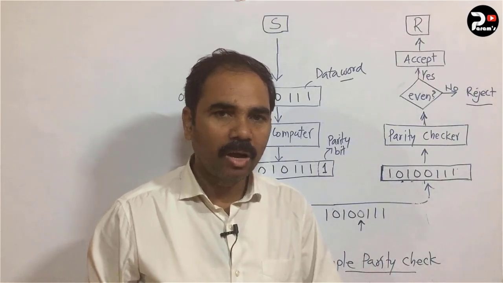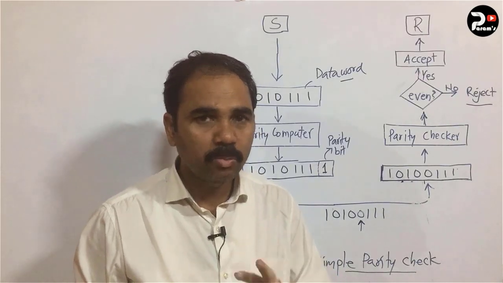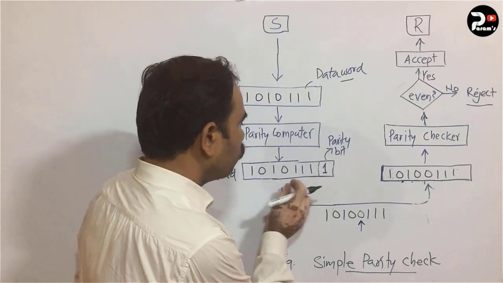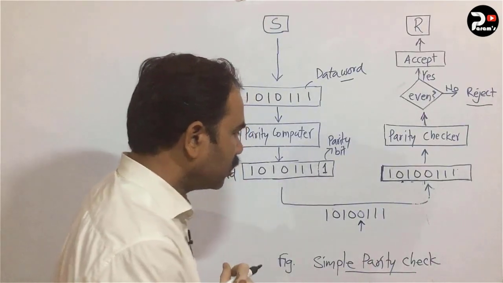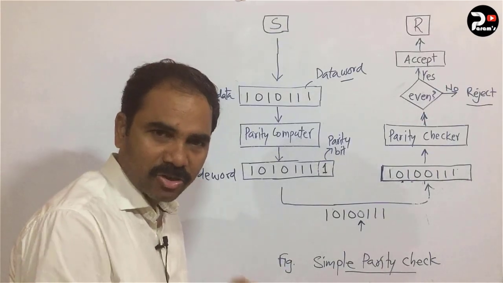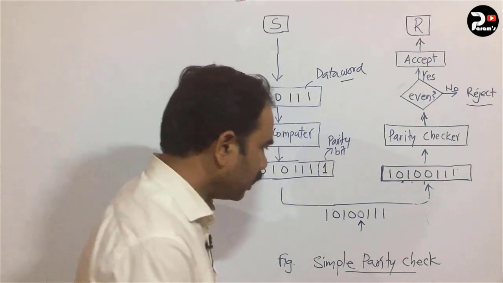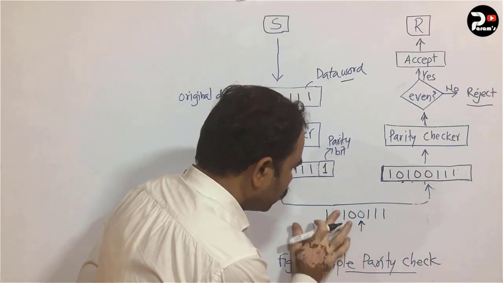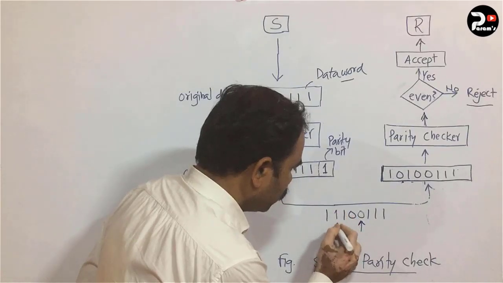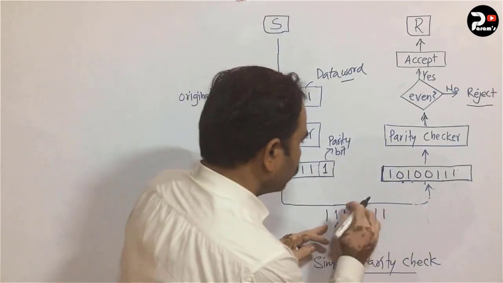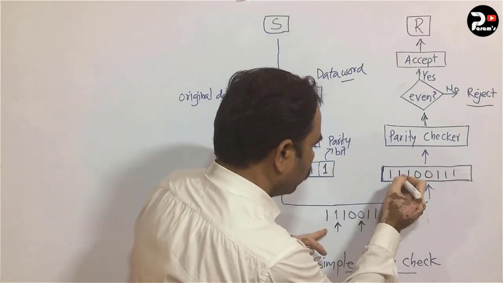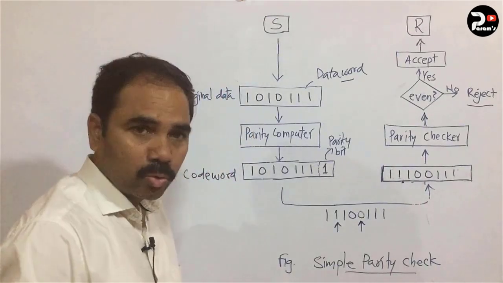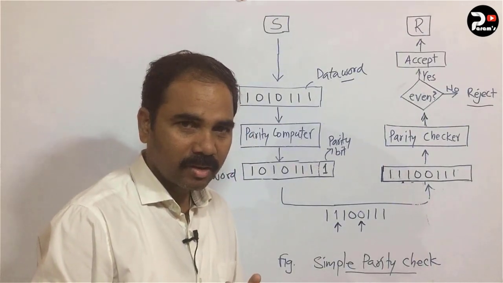So we say when 1 bit is corrupted, it is correctly rejected by the receiver, assuming there is an error. Let us now see how it behaves when 2 bits are in error. So let us say the sender sends 10101111, but 2 bits get corrupted or changed during the transmission, and let us say this bit is corrupted and also this 0 becomes 1. So the receiver will receive 11100111. Now 2 bits are in error, right?